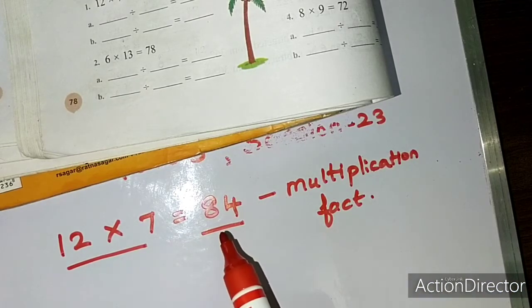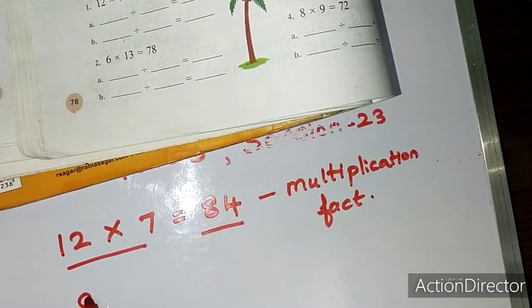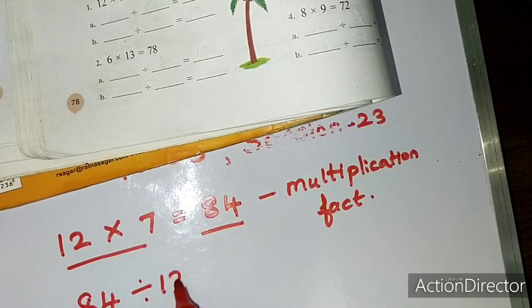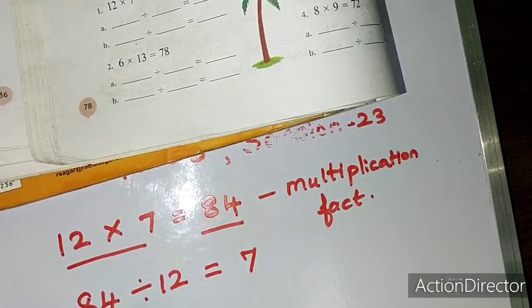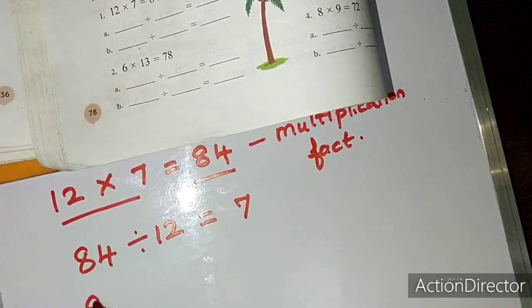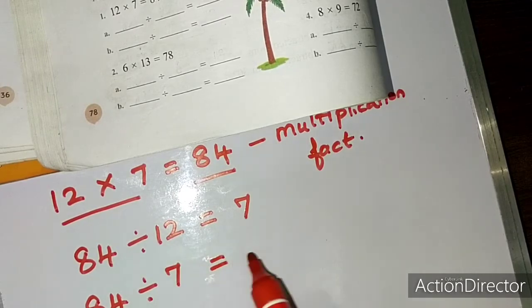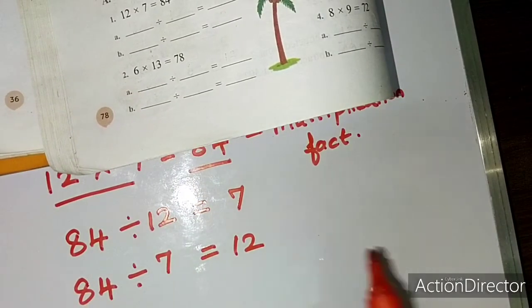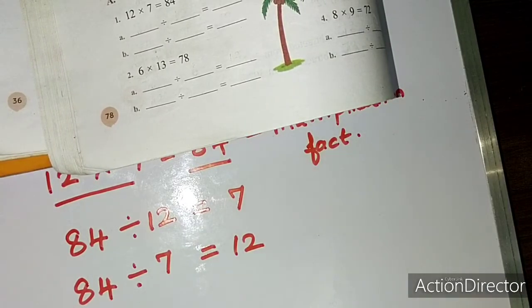For one multiplication fact we have 2 division facts. You write the product divided by one factor is equal to another factor. Next, product divided by this factor is equal to this factor, that is 84 divided by 7 is equal to 12. This is how you will write the division facts.